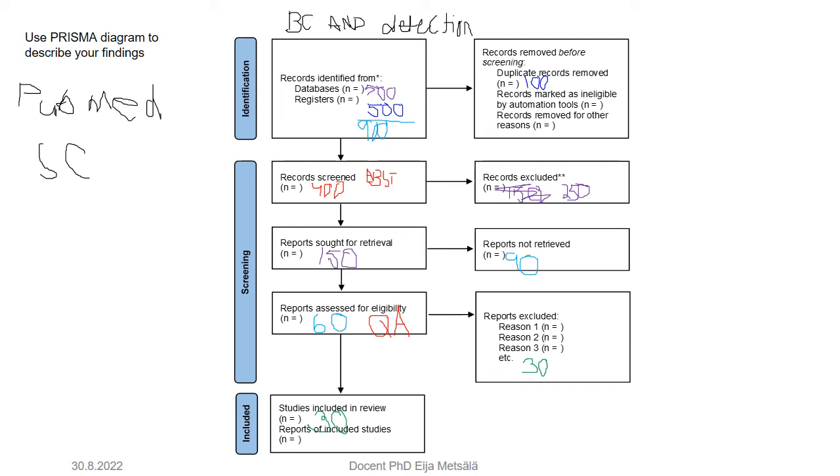For example, the topic was not right, the study didn't really speak about my topic, the design was wrong, or the overall quality just was that bad that we couldn't take it in.